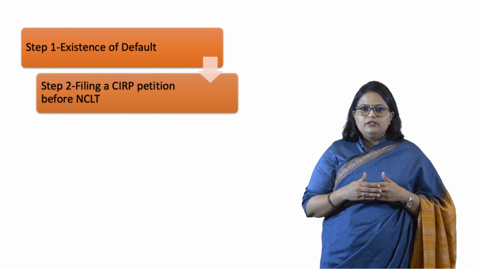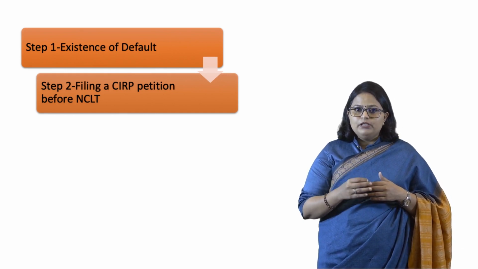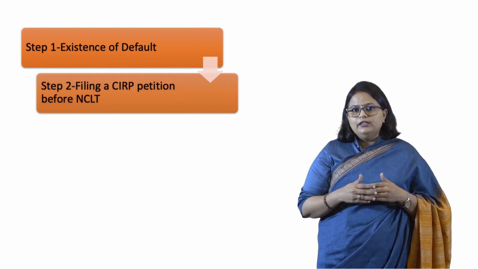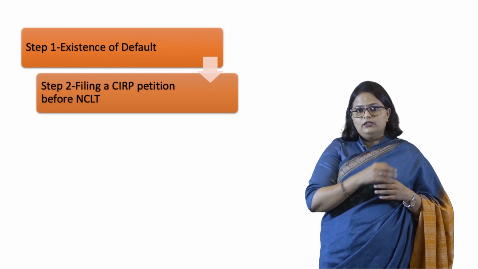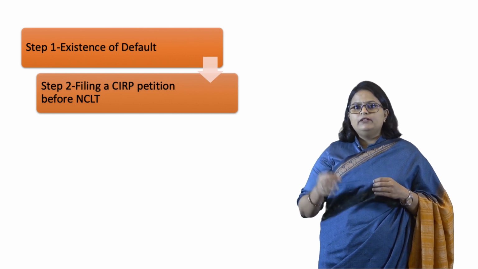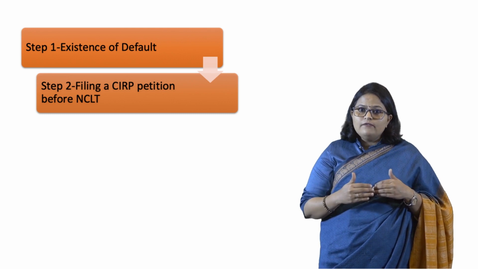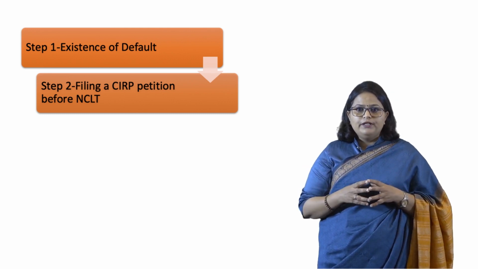A financial creditor may file an application for initiating CIRP against a corporate debtor before the adjudicating authority, that is NCLT, immediately when a default has occurred. Here, default includes a default in respect of the financial debt owed not only to the applicant himself but to any other financial creditor of the corporate debtor.